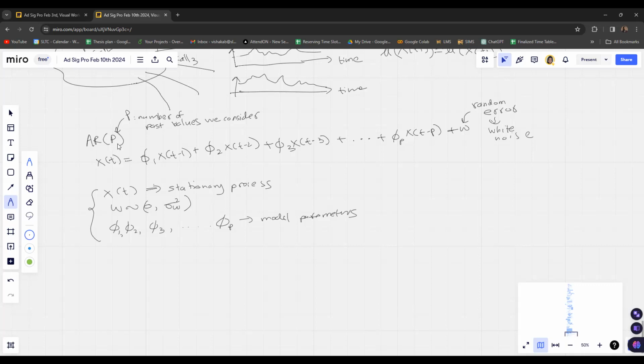In here we have to remember that up to p past points are considered, where p is the number of past values considered. So that means p number of lags considered.